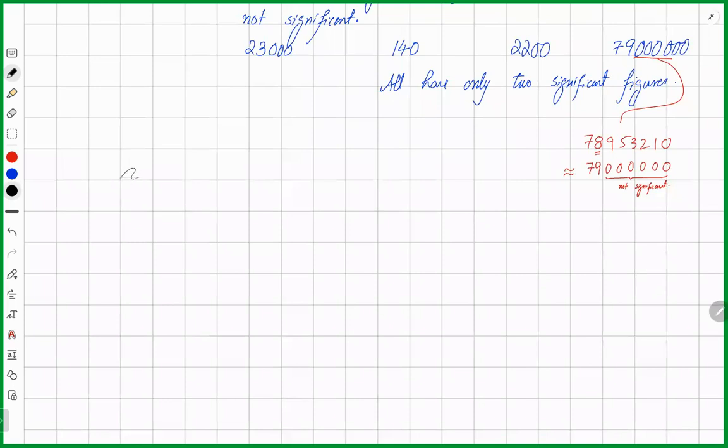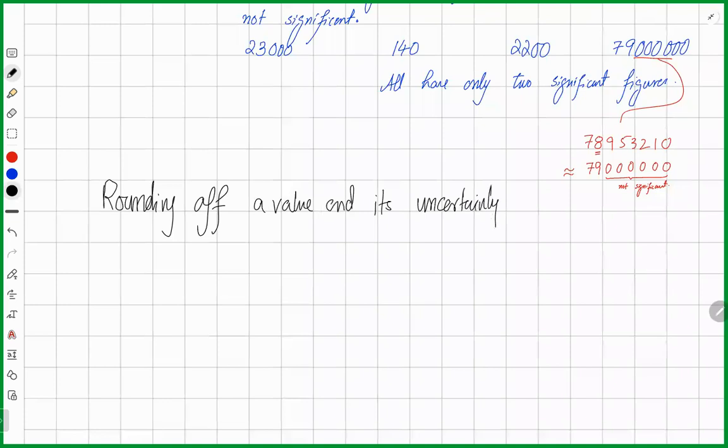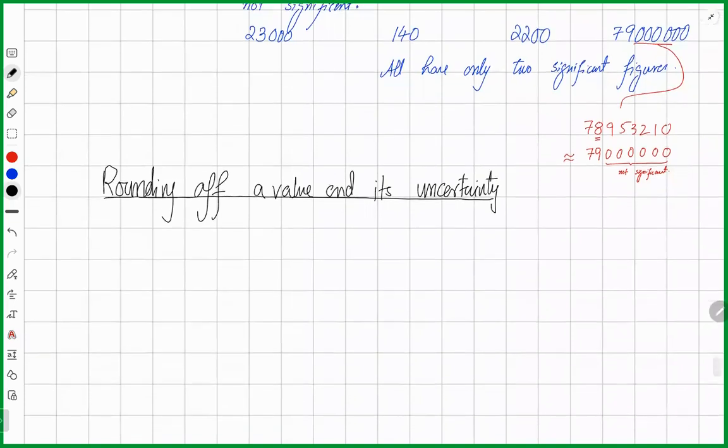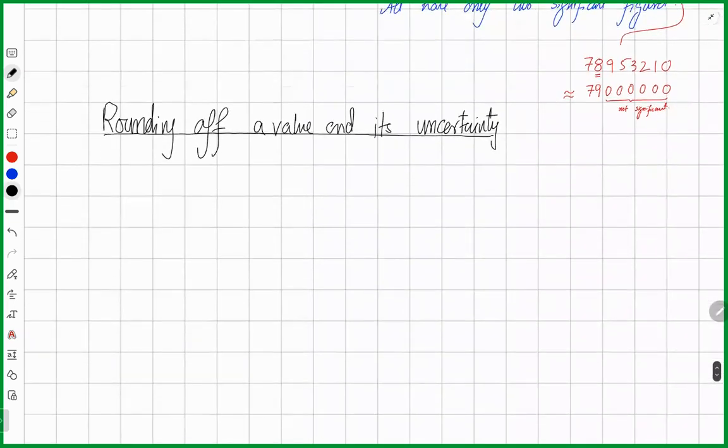Now, rounding of a value and its uncertainty. What do I mean by this?